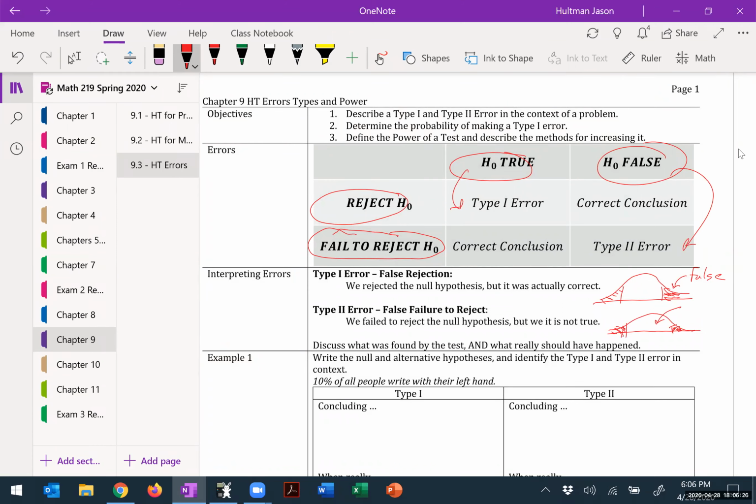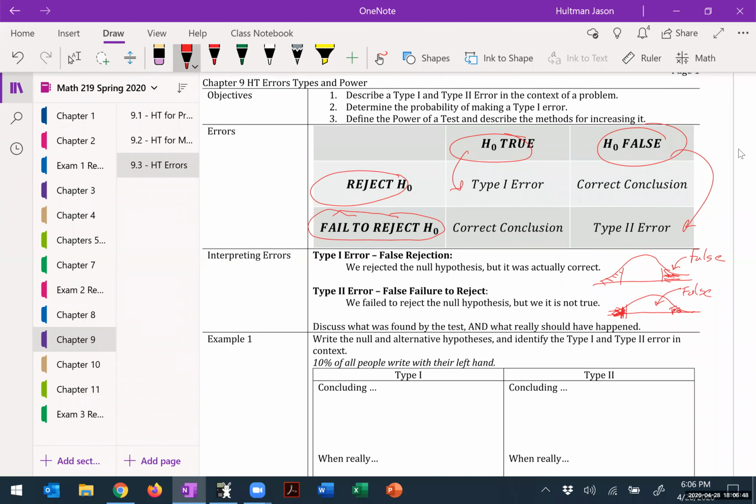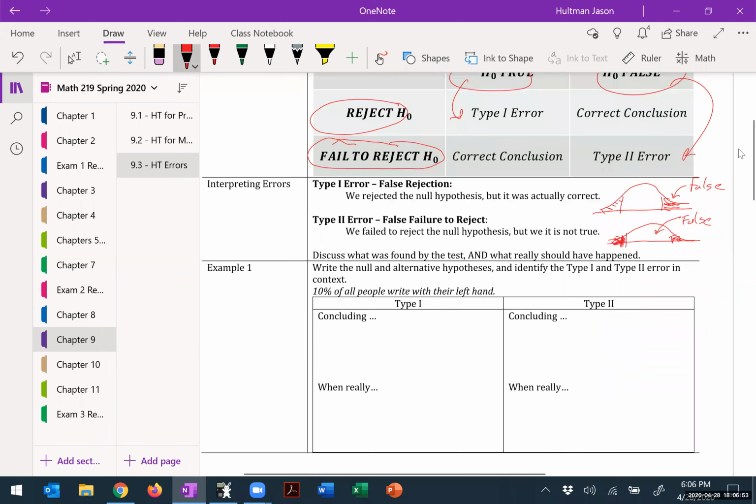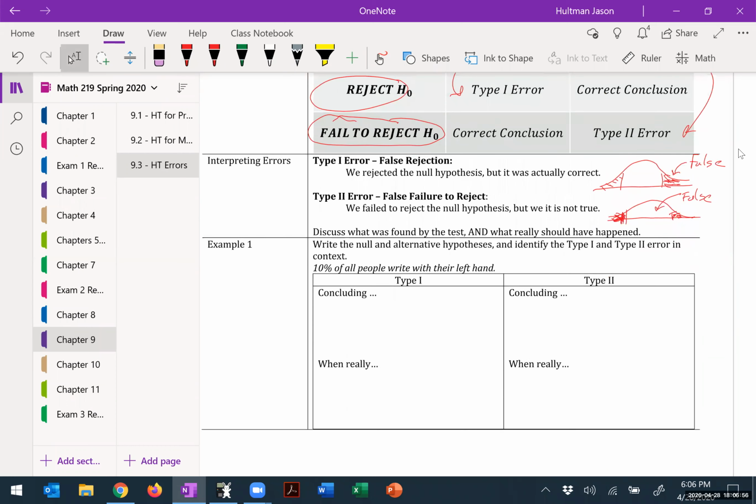It was too small. We failed to reject because we were not in the area of rejection. So those are some errors. We're not always going to be correct. Sometimes we're going to falsely reject, and sometimes we're going to fail to reject. This isn't foolproof. If we have a 5% region of rejection, then we're only 95% certain that we guessed correctly.